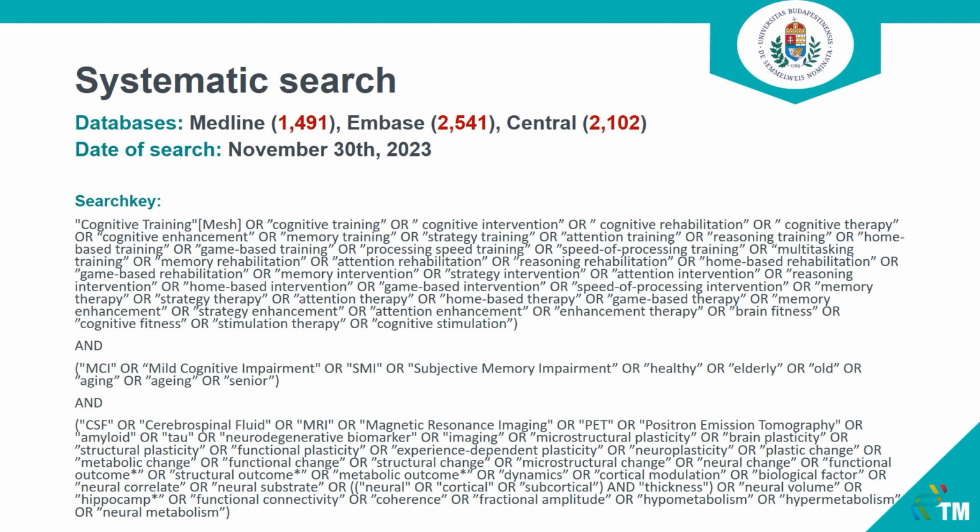As you can see, the last domain is all about objective parameters, and sadly we didn't find enough papers, for example, to pool PET data or CSF data, so that would make much more sense. But also cognitive training has a lot of synonyms.